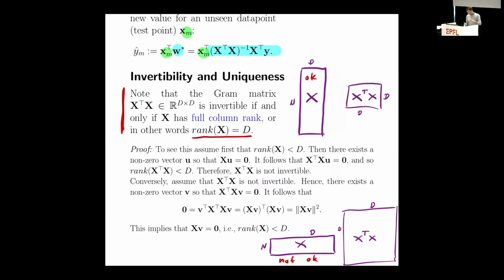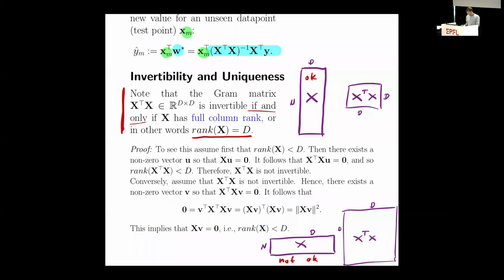So you're not always invertible, but I guess you're already familiar with this. And if you want, there's also a small proof here to convince yourself that if the column rank is okay, then X transpose X is invertible. This is actually an if and only if condition.